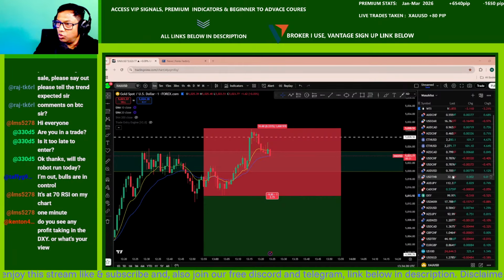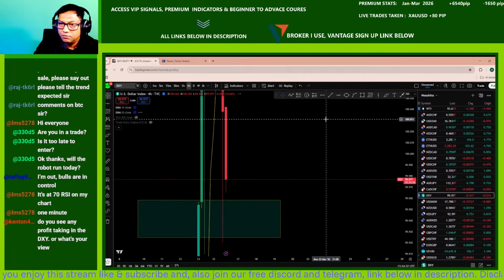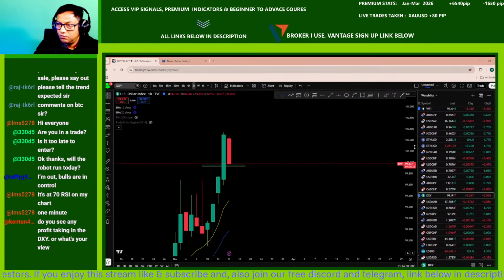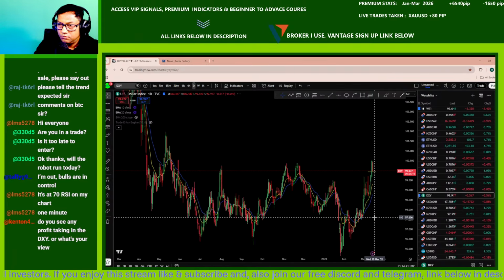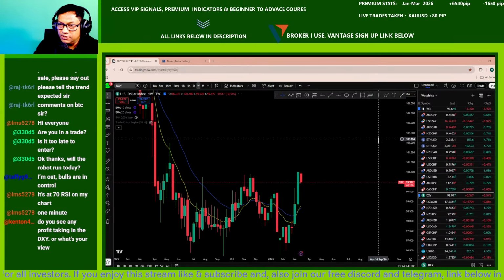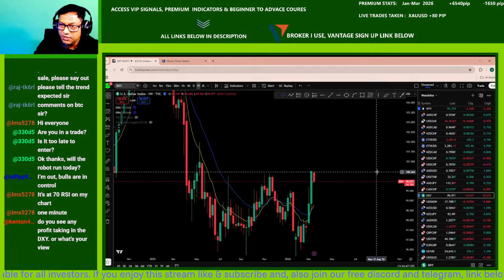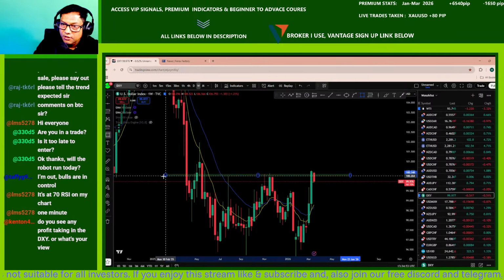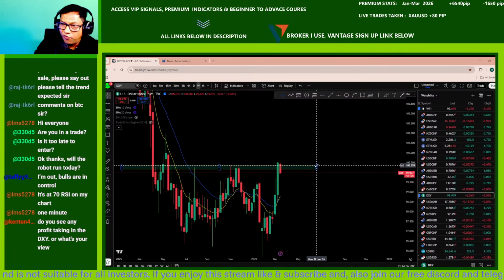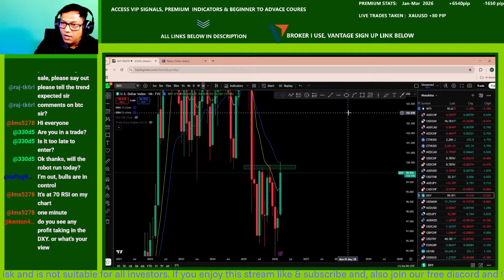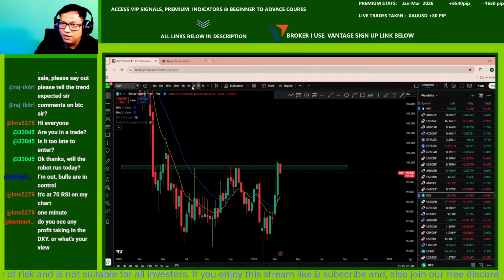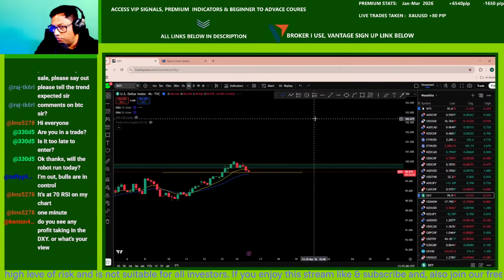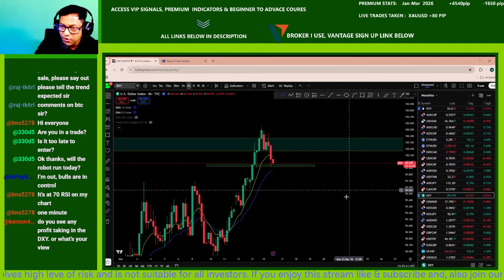Okay, so with DXY, what's happening is, if you look at the weekly market, you can see the weekly candle closed from this level directly to this key resistance line, and yes, there is some profit taking going on in DXY, and that profit taking might come to any of these key levels, which are acting as a deeper pullback potentially.